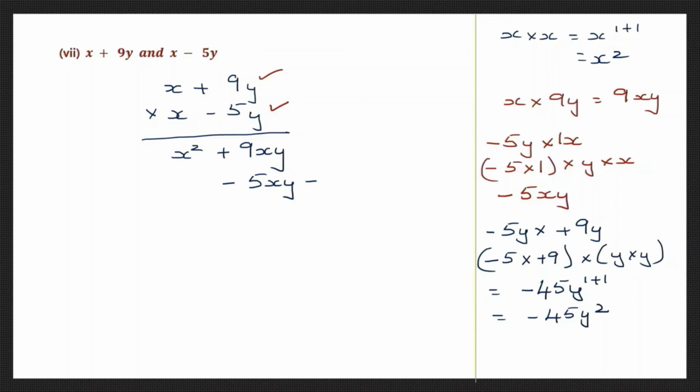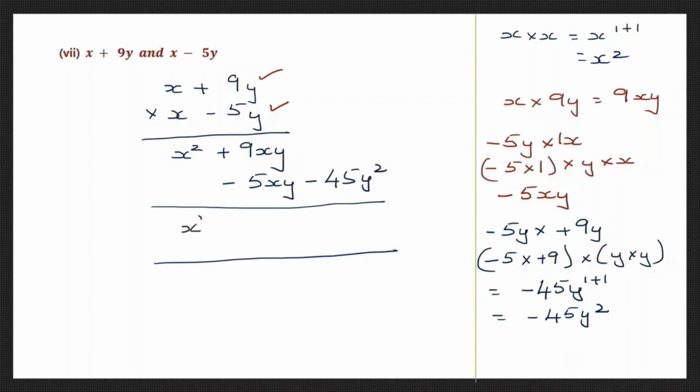So this is minus 45y square. So x square, and here signs are different. Let's put the sign of the bigger number and subtract. 9 minus 5 is 4. 4xy minus 45y square.